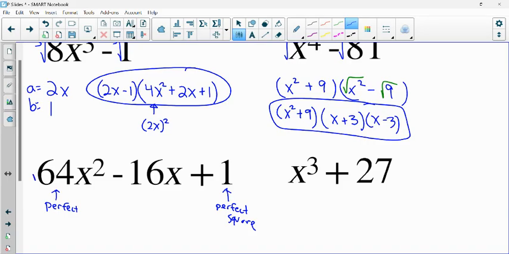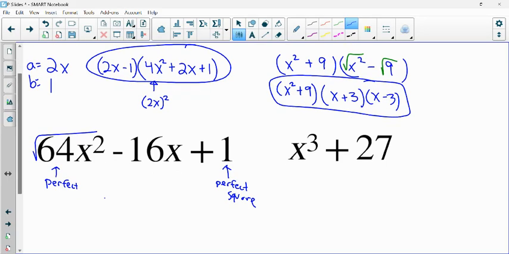And if I take the square root of that first term, I get 8x. The square root of 1 is 1. And when I double that product, 8 times 1 is 8x, times 2 is 16x.